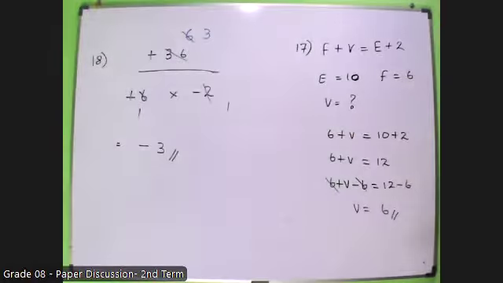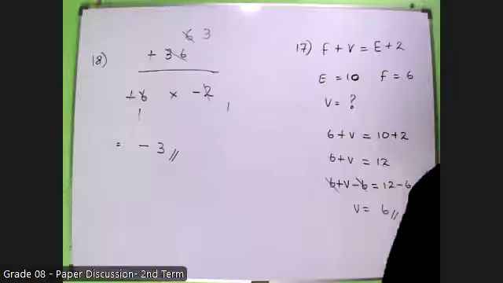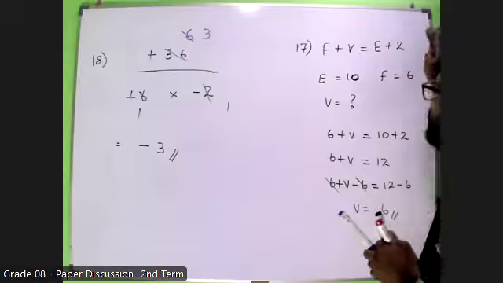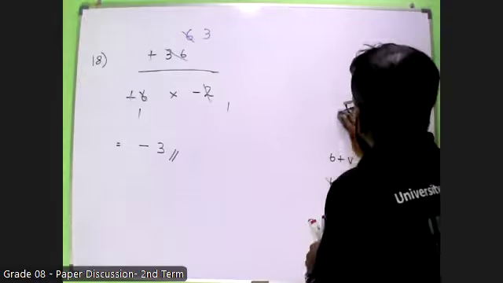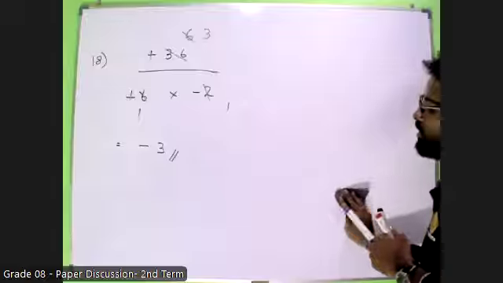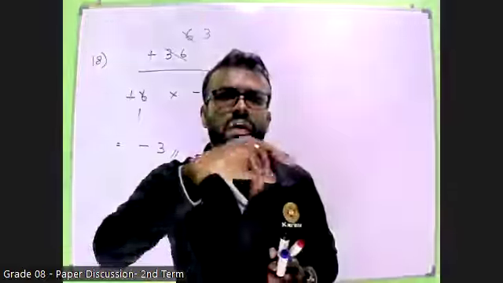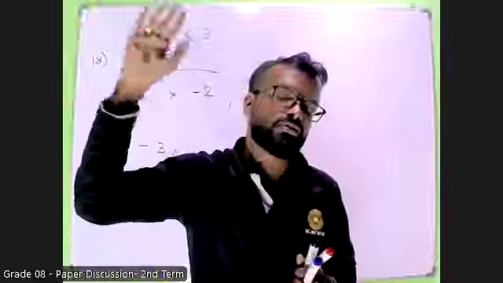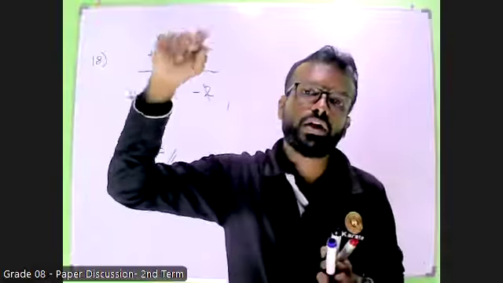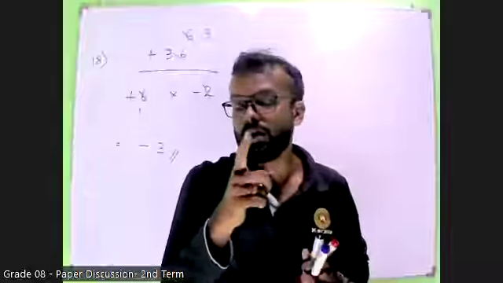Okay. Right. 19th one. So you know the exterior angle of a quadrilateral, right? If you produce the legs of the quadrilateral, we can find exterior angles of the quadrilateral.